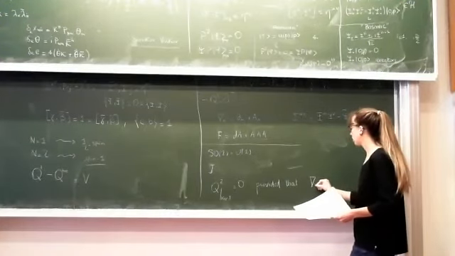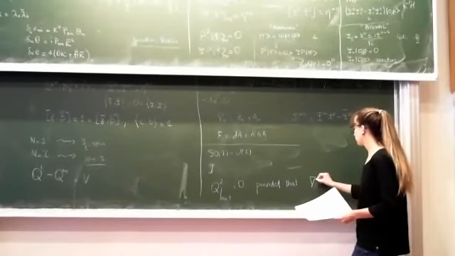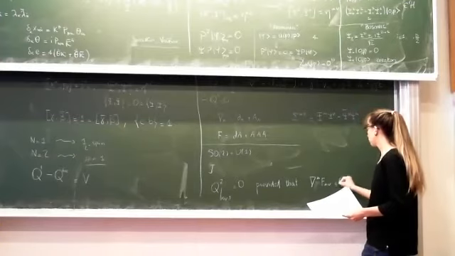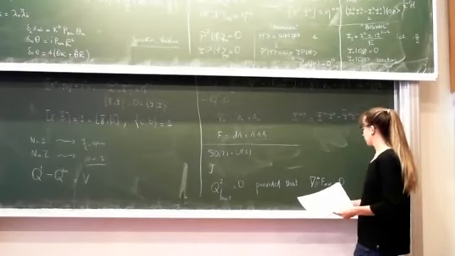So nabla^mu F_mu nu equal to 0. And that's it.